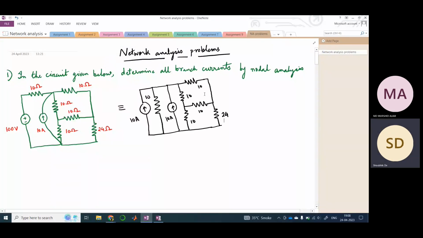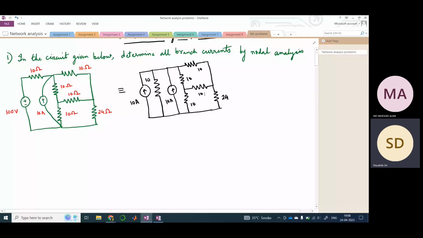We can move two steps further. When you have a circuit like this, suppose you have this 10 ampere source, and in parallel to that there is a resistance, and again another current source, it can be simplified like this.